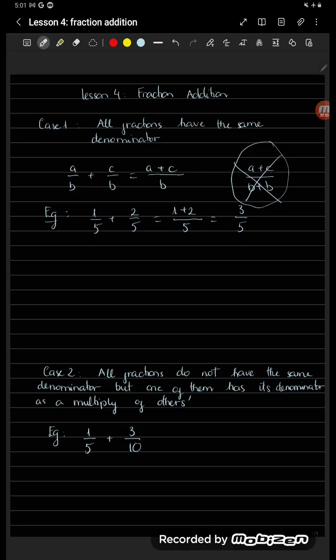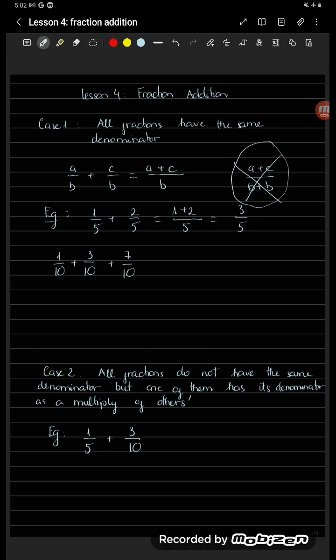So that's two fractions. If we have more than two fractions, let's say 1 over 10 plus 3 over 10 plus 7 over 10. Let's say we have three fractions, or even more than three, even hundreds of fractions.